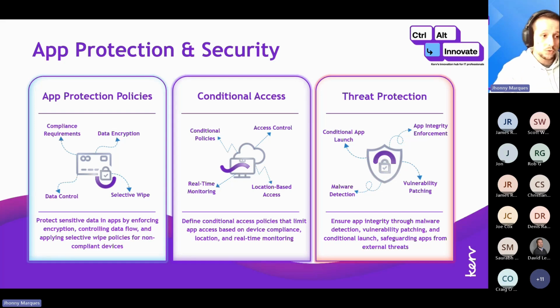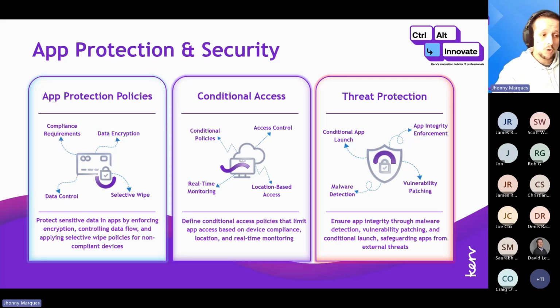The first of those is app protection policies, where Intune lets us enforce protection policies to keep our corporate data safe, even on personal devices. We can implement data encryption, control how data flows between apps, and enforce compliance policies and requirements for those apps.